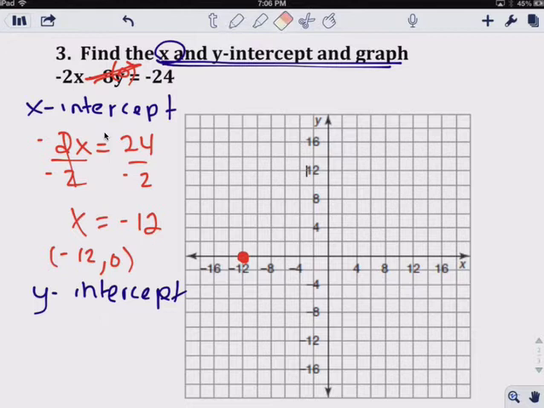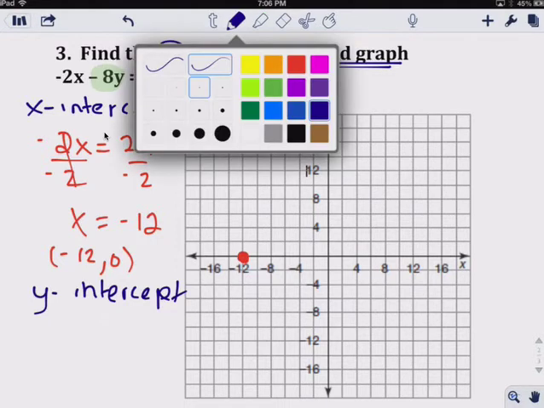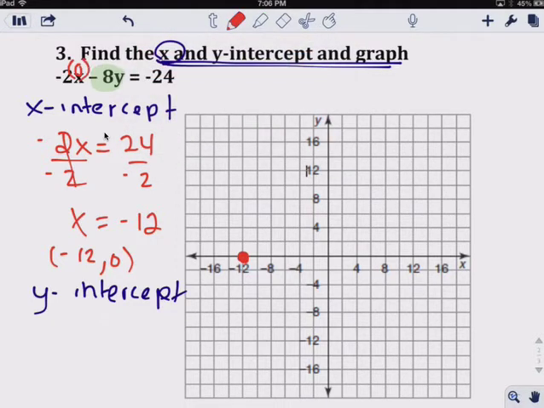Okay, the y-intercept. I'm going to erase up here. And the y-intercept is this one here. That means the x is 0. 0 times negative 2 is 0, so that eliminates that. So the y-intercept is negative 8y equals negative 24. Divide by negative 8, divide by negative 8.